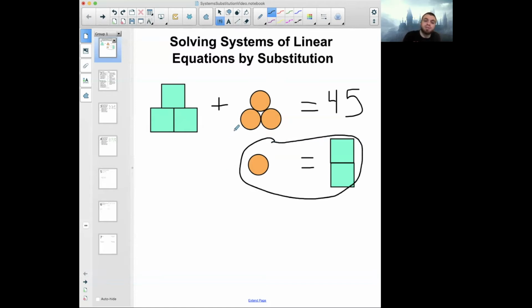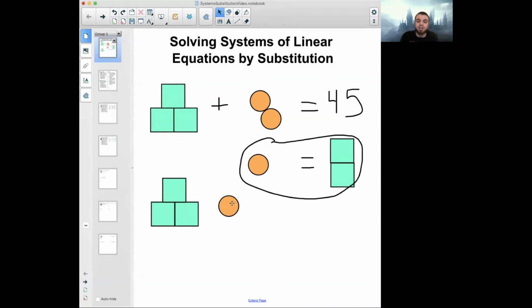And so what that means is, if I was to rewrite this initial equation, I have these teal squares, but each one of these orange dots we know is the same thing as 2 of the teal squares.